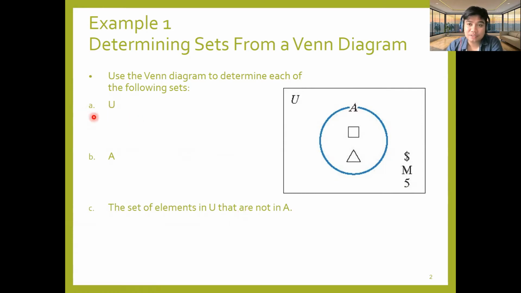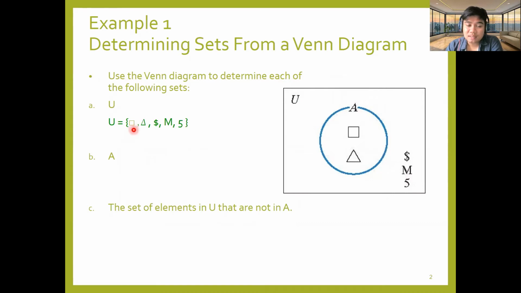So let us start with the universal set. Always remember na set U or U ang ginagamit natin kapag nagre-refer tayo sa universal sets. So, ang universal set natin is lahat ng elements inside the rectangle. Kasi lahat ng nandito is considered part ng universal set.